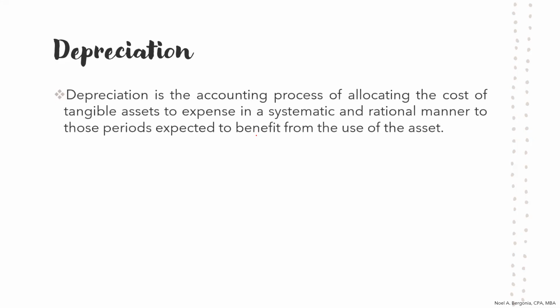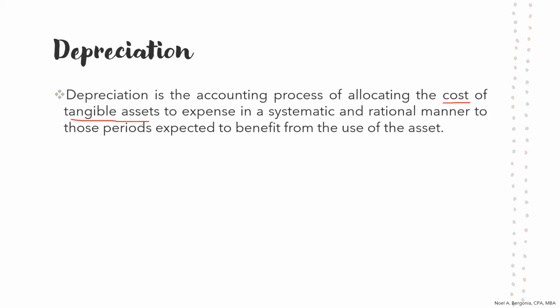So this depreciation, you might have heard it already in some of our discussions in the previous module. But this is typically applicable for the long-term assets, which we have already discussed and introduced way back in module number 1. So let's define first what depreciation is. When we talk about depreciation, it is an accounting process of allocating the costs of tangible assets.